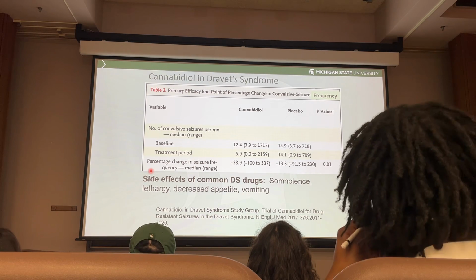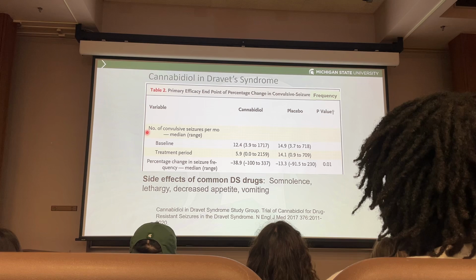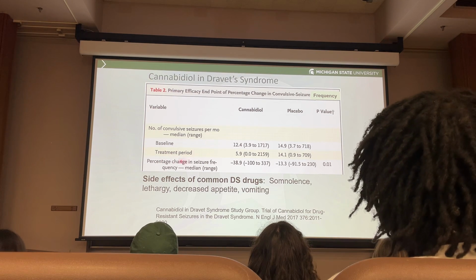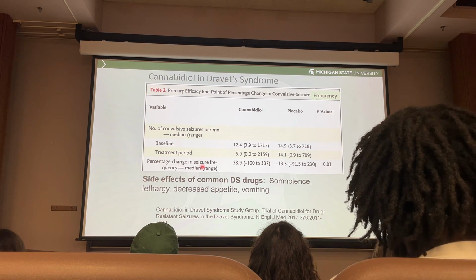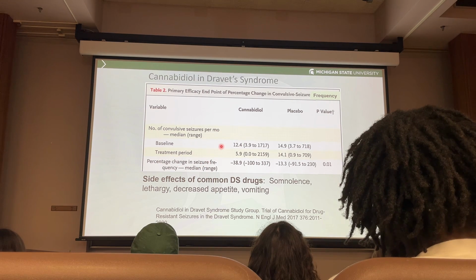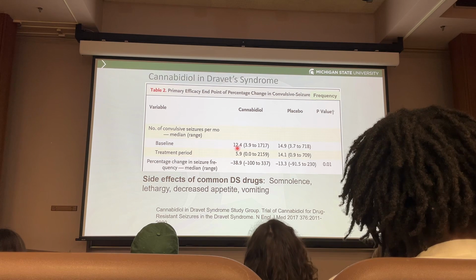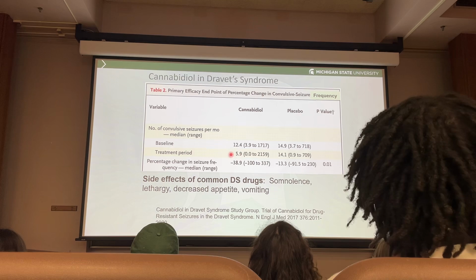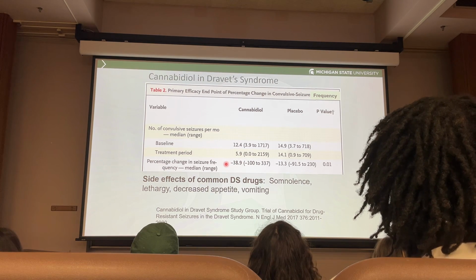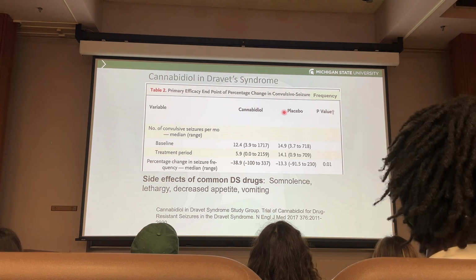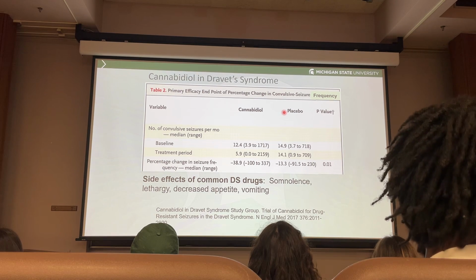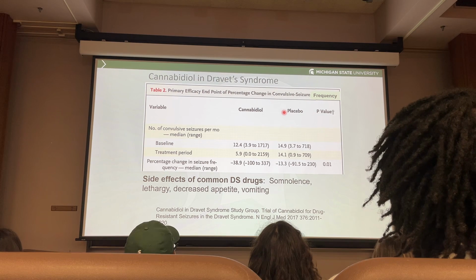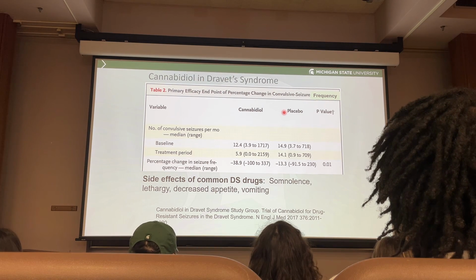And yeah, so the outcome from this study again, CBD in Dravet syndrome, and I just want to mention this portion here. Baseline for the cannabidiol group is about 12 seizures per month, reduced to essentially half that, or they're saying it's reduced by 40% through the study. Placebo would be without CBD, obviously, but on the drugs used to treat seizures.